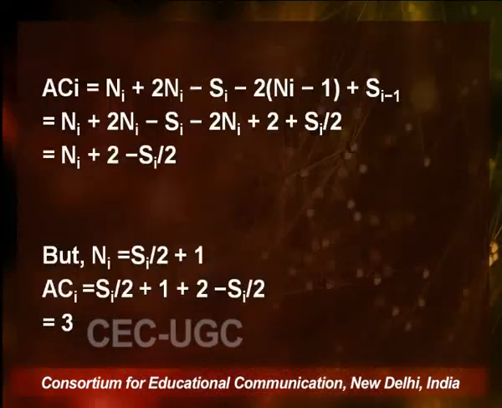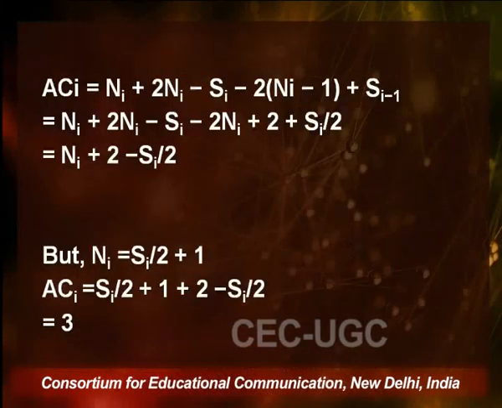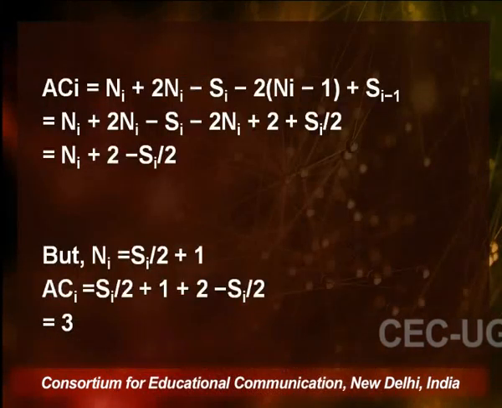We need to be careful with the calculation that n of i is equal to s of i divided by 2 plus 1, that replacement we need to do. After this simple calculation and replacement shown on the slide, we can easily say that the amortized cost in this case also is equal to 3.